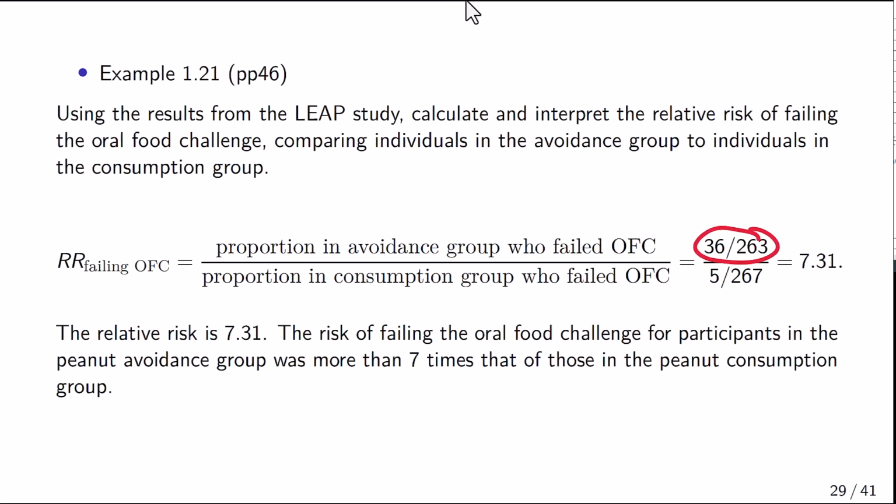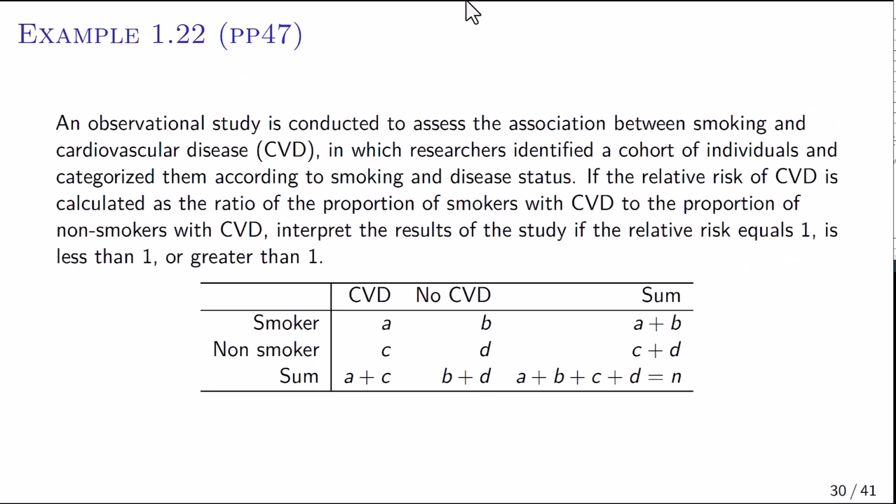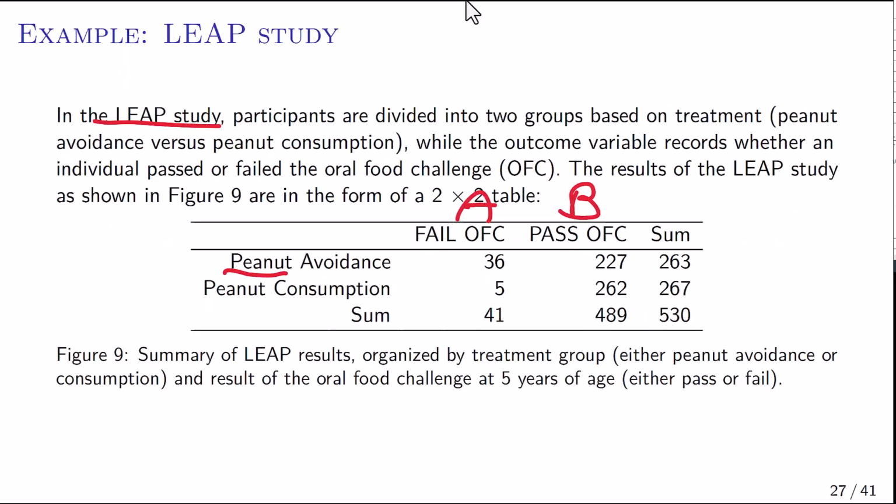Why is it 36 over that? Because think about this one right here, right? Failed OFC in the avoidance group. That's 36 divided by 263. For the proportion of failed OFC in the peanut consumption group, that's 5 divided by 267. Is that right?